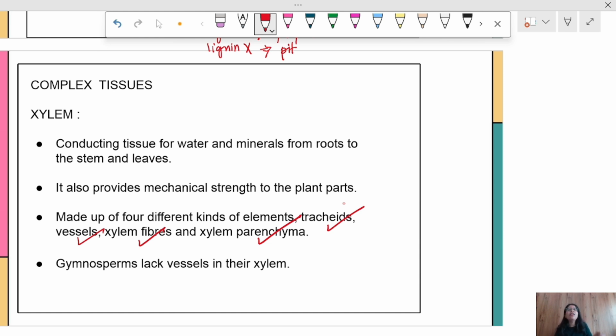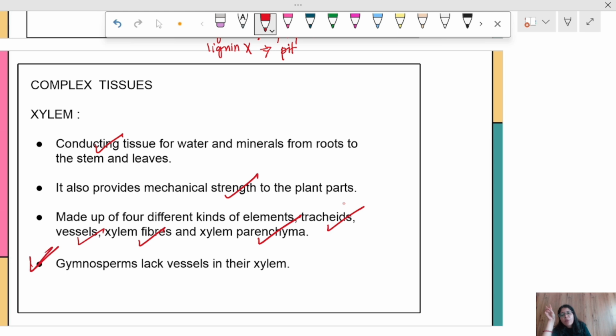What they will do, they will conduct the water and minerals from roots to the stem and leaf. So they will deliver all the water and minerals absorbed through the roots to all the parts of the plant, right? And they also provide mechanical strength to the plant, okay. So conduction and providing mechanical strength, these are the two things these tissues do.